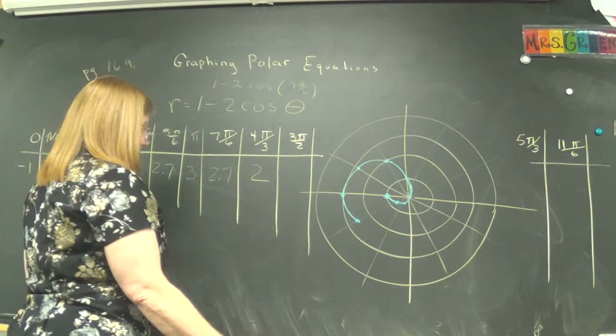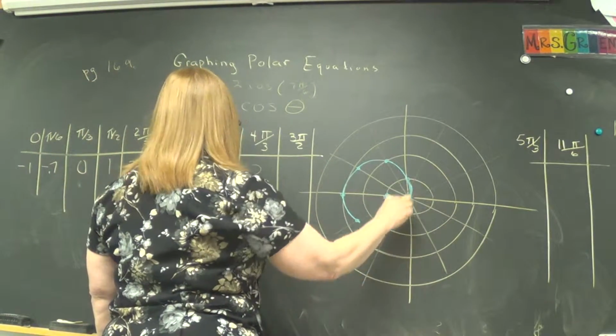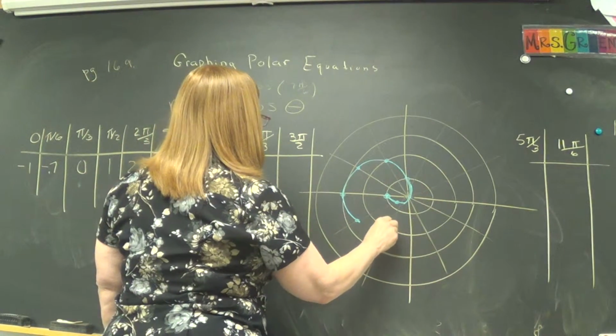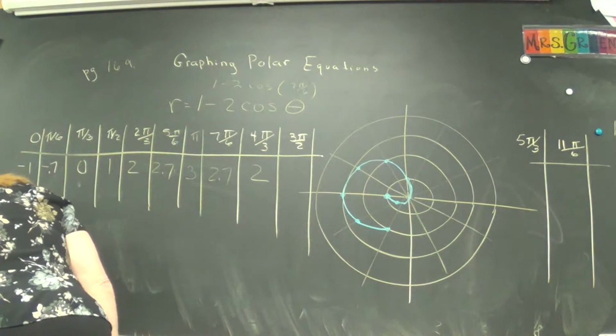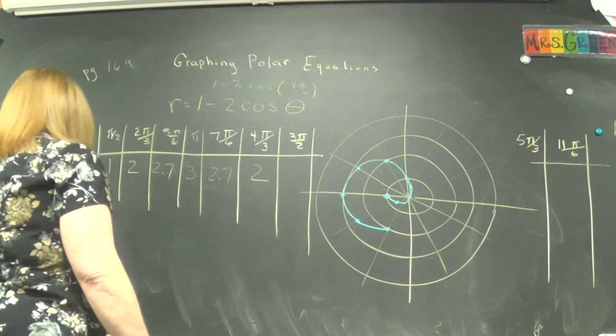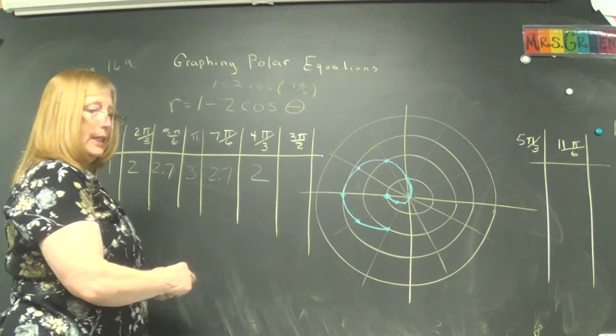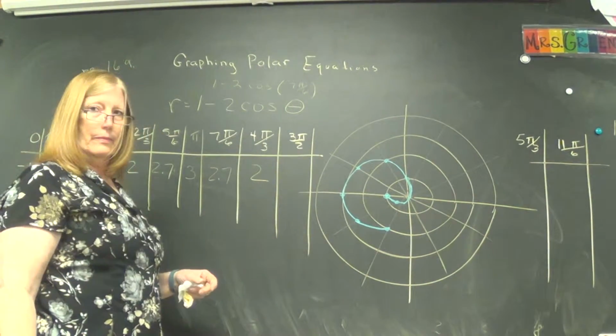4 pi over 3 is this line, and we're at 1.0. I got an answer. What is it? For 3 pi over 2. Bailey, did you do 3 pi over 2? Is it 1? Yes.